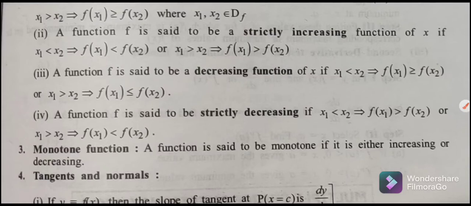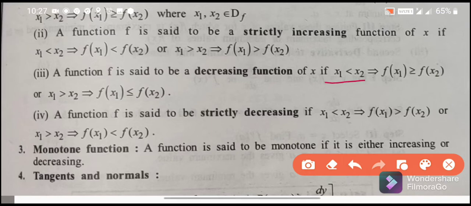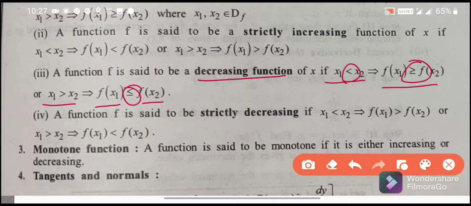Next, decreasing function. A function f is said to be a decreasing function if x1 is less than x2 implies f(x1) is greater than or equal to f(x2). The sign of inequality changes. Here is less than, here is greater than or equal to, then it is called a decreasing function. Or x1 is greater than x2 implies f(x1) is less than or equal to f(x2).